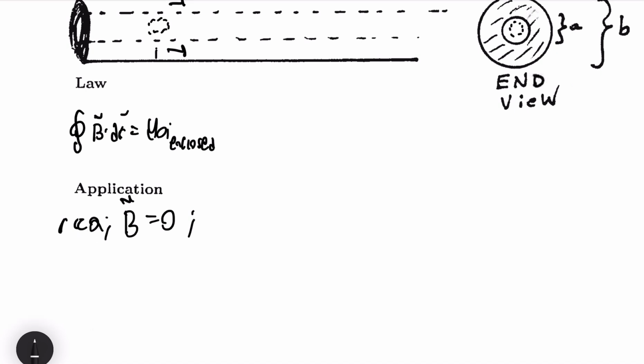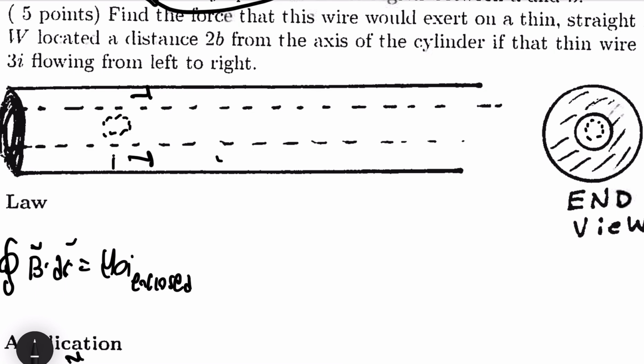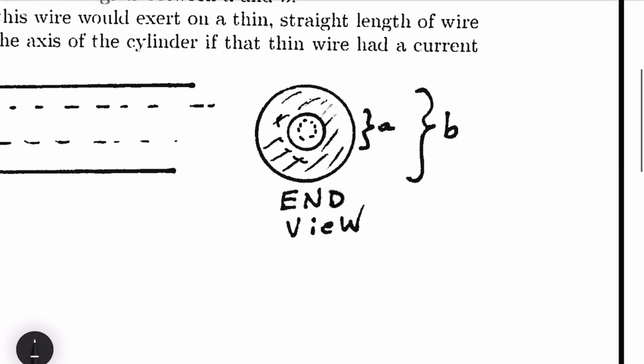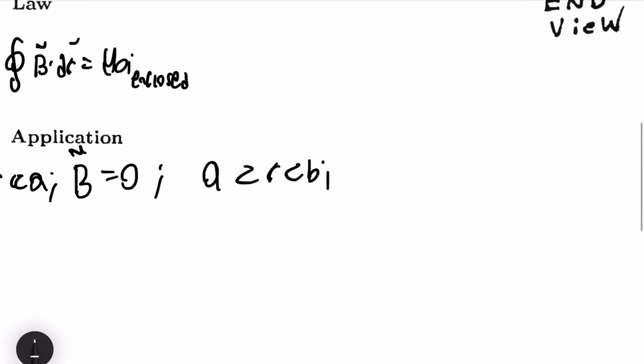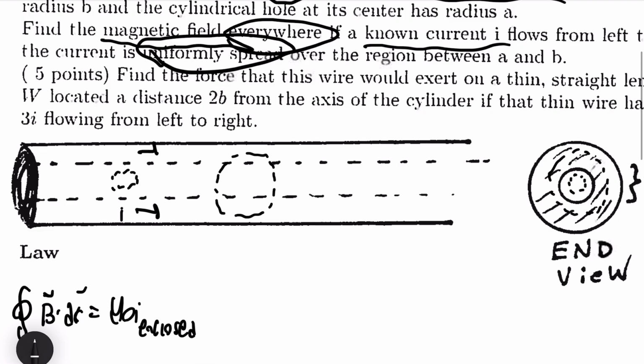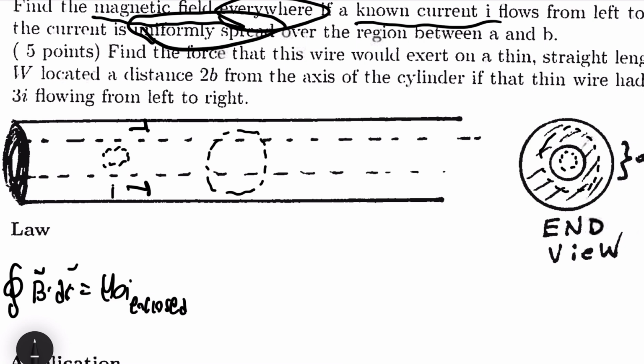So now for my second region, when I'm between a and b, I'm in here now, which in the side view would be right here, where we do have current uniformly spread. So it's going to be B times 2 pi r, from our loop, is equal to mu naught I divided by the actual area of this wire.